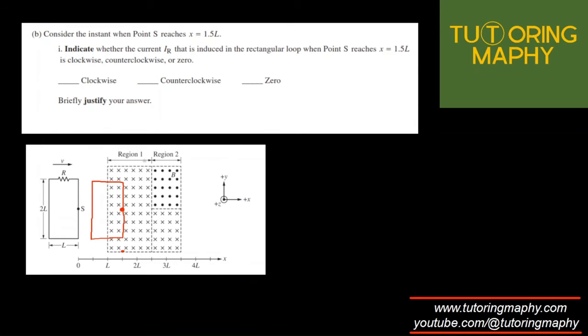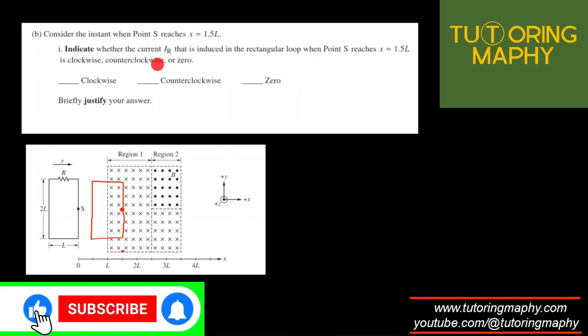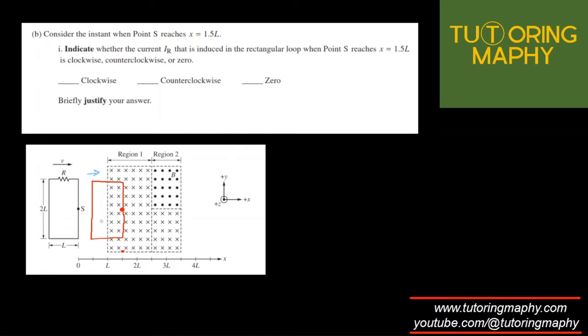Okay, all right. This is what it is. Half inside, half outside. Now they're saying to indicate whether the current is clockwise or counterclockwise. So that's easy, because that's Lenz's law straight away. We can see that when it penetrates into region 1, its magnetic flux is increasing into the page, right? And what does Lenz say?